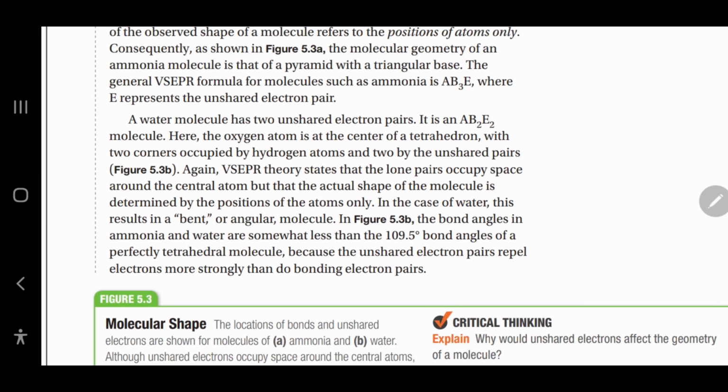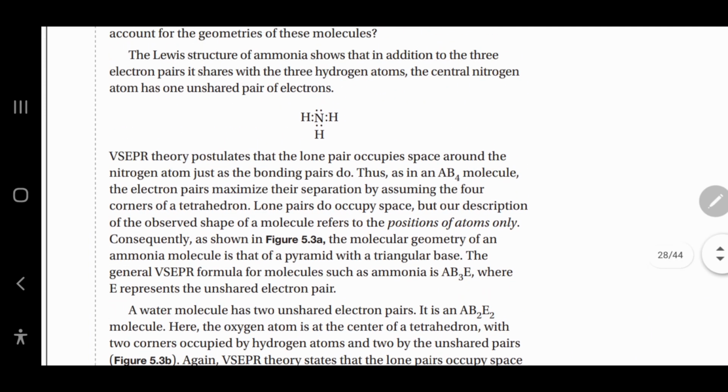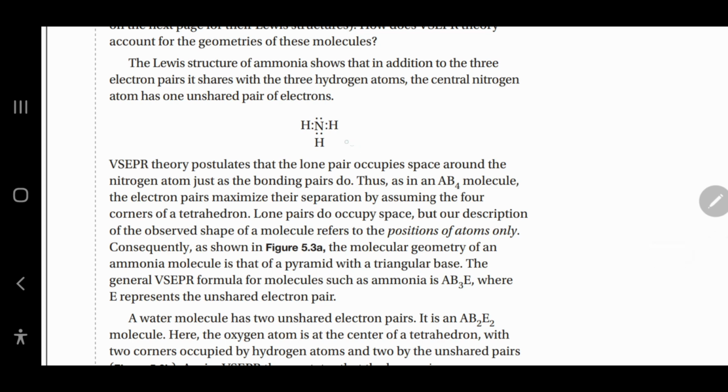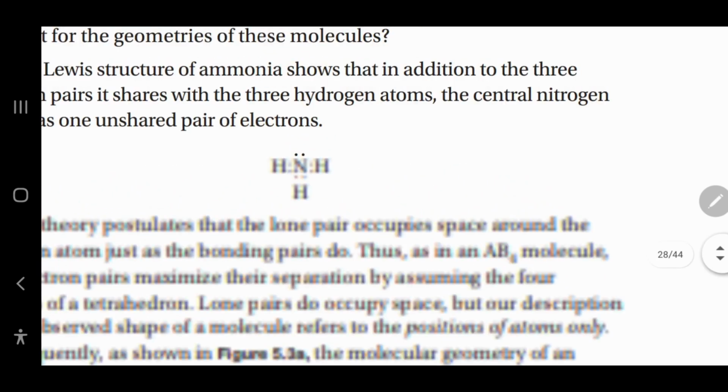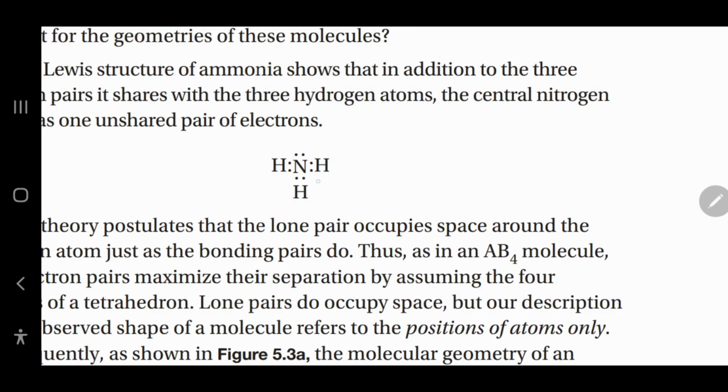So in this case, because we have one lone pair here, now the general formula for this compound will be A, which is N, the central atom, with B3, B is H, the 3 atoms, and we will symbolize the electrons here by the symbol E. So we will have here AB3E, where E means one lone pair.